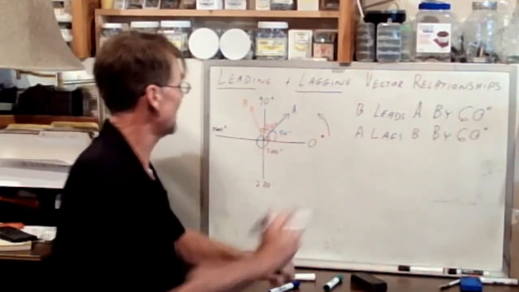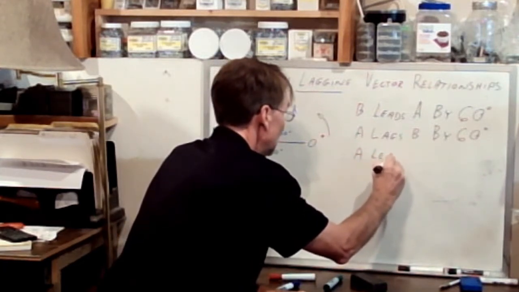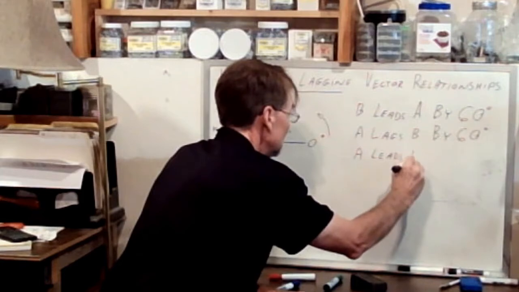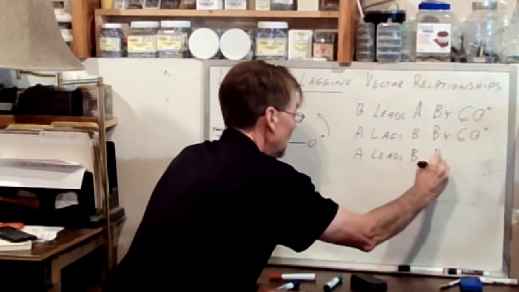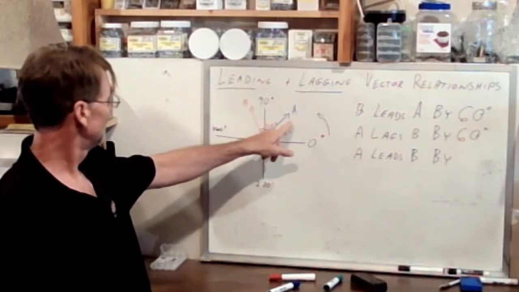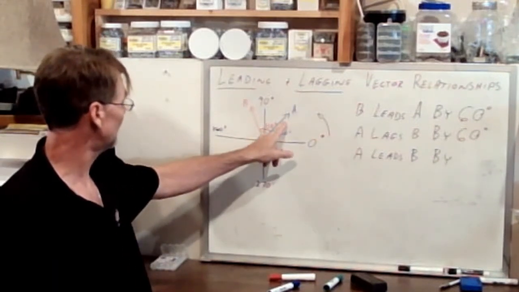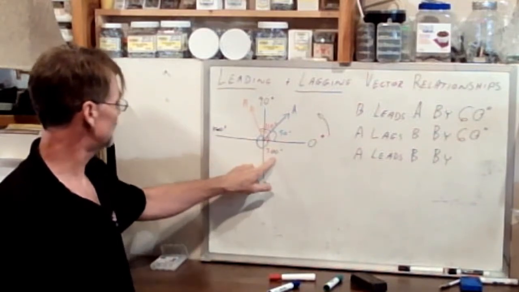And so while these statements are true, there are two more that are also true, because it may be said that A leads B by how much? A is ahead of B. If we look backwards around the track, how far is A ahead of B? It's ahead by 300 degrees.